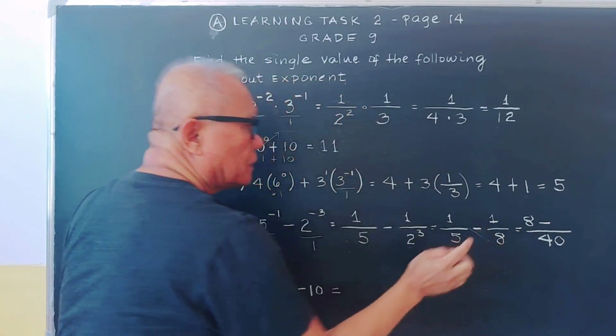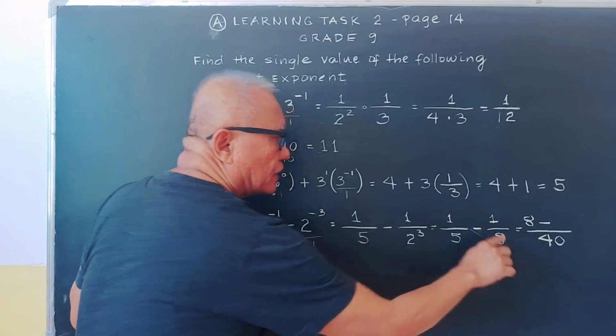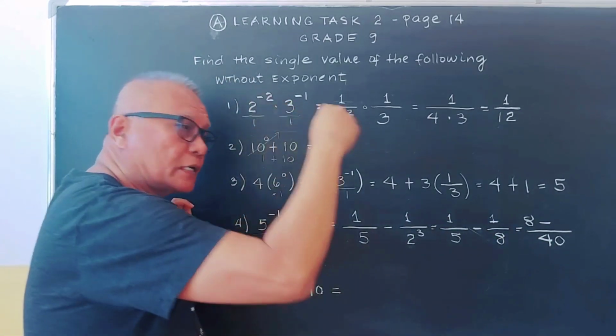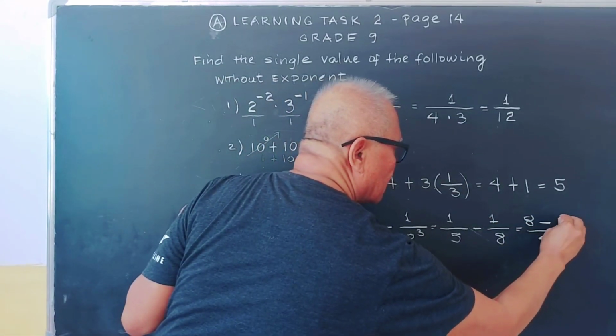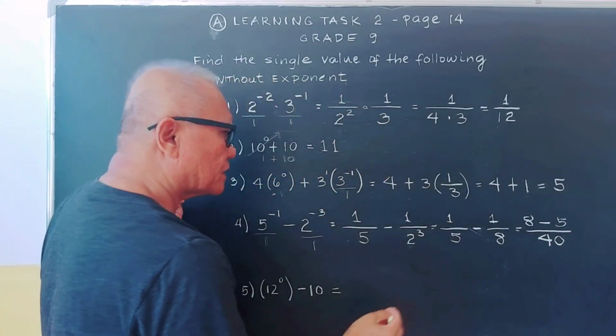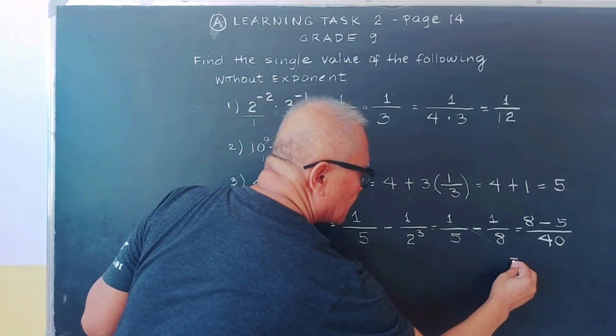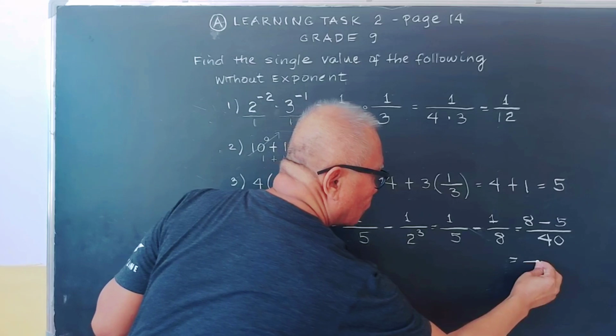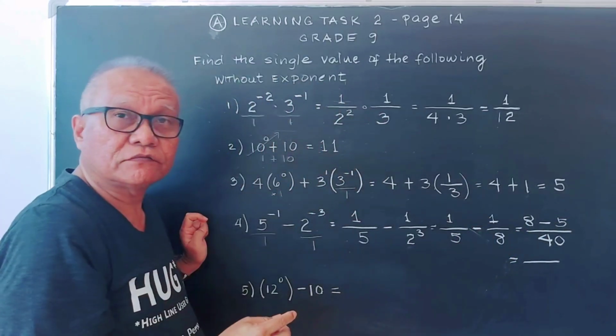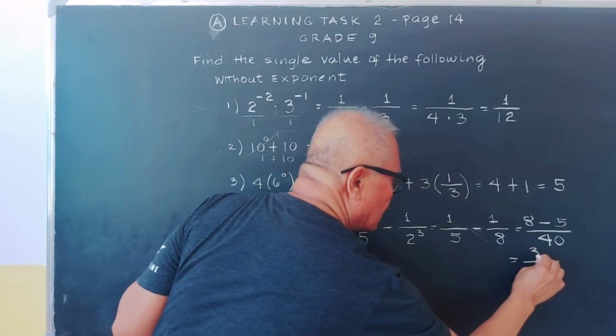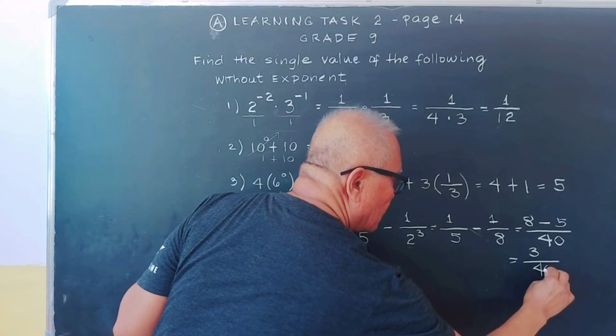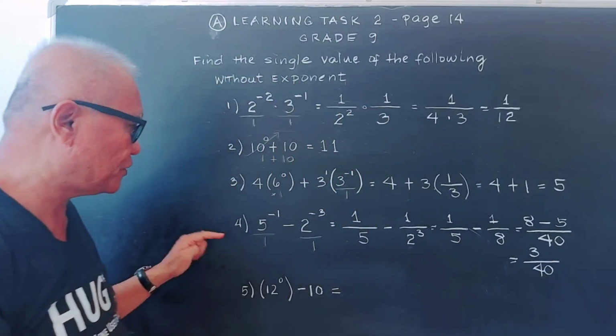Minus 40 divided by 8 ay 5 times 1 is 5. So what is our final answer there? It's equal to 8 minus 5, 3 over 40. Medyo mahirap siya.